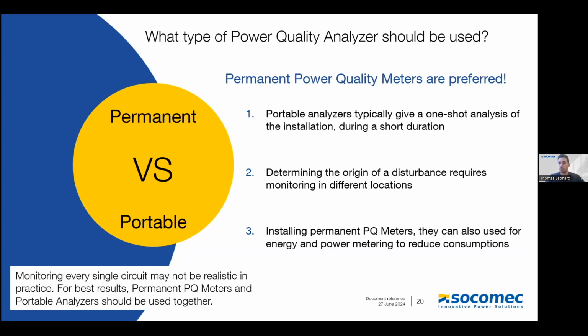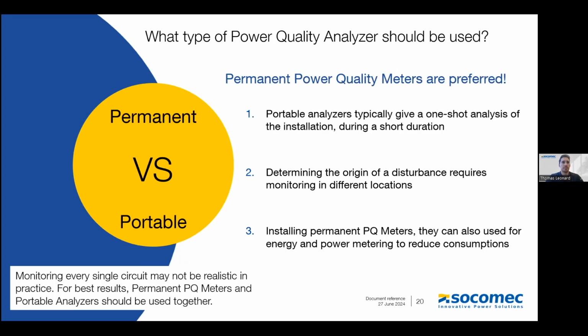Do you know if you can add more load to the existing distribution without doing some upgrades? So a power quality meter can have a much bigger purpose than just analyzing the cause and consequences of disturbances. But typically it could be a mix.